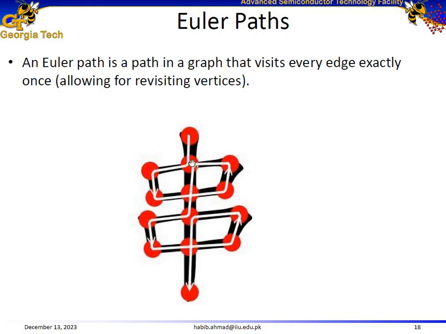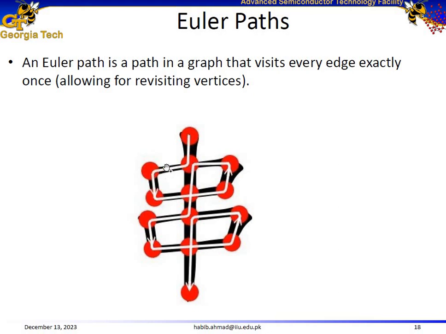Starting from here, one Euler path would be go through this edge and follow this path, and then go through these edges and follow this path, and then get to the end point. So this is one solution, and in this solution we have traversed through each edge exactly one time. However, at points we have visited the vertices multiple times.